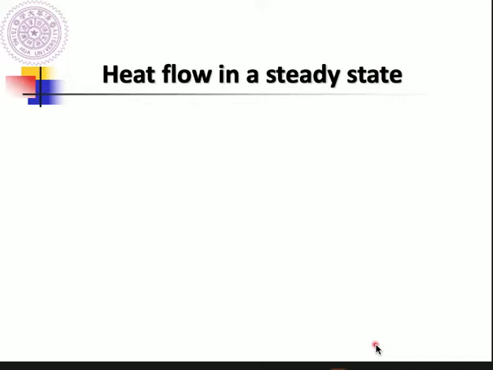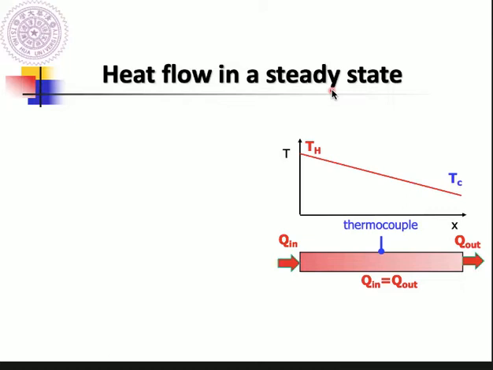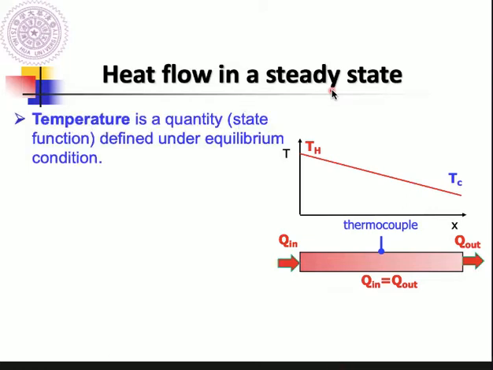Okay, so let's talk more about an example, heat flow in steady state. Although we already mentioned this example before, we can just take this as an example. Now we have a metal bar, and you put a heater here and a cooler here. So there's some heat input in this metal bar, and also the cooler will take some heat out.